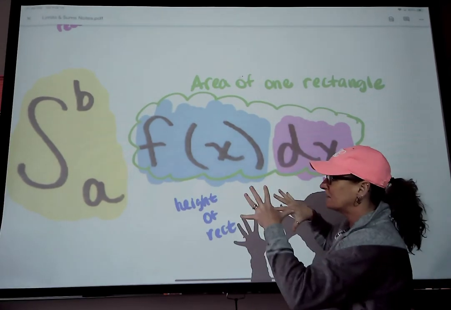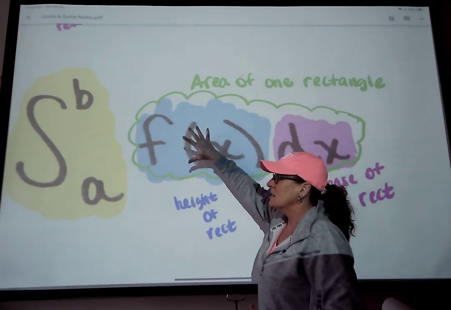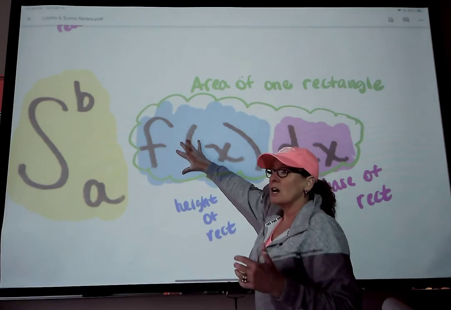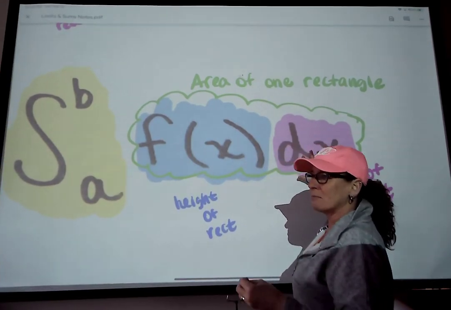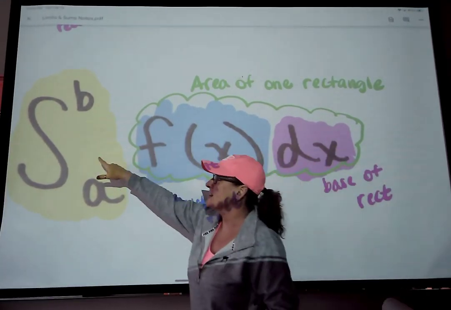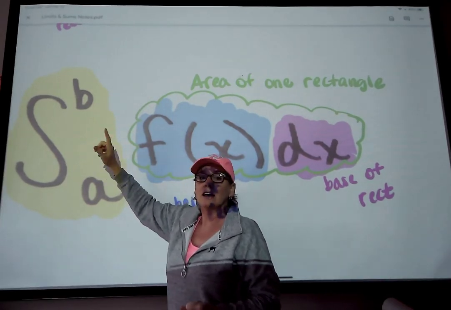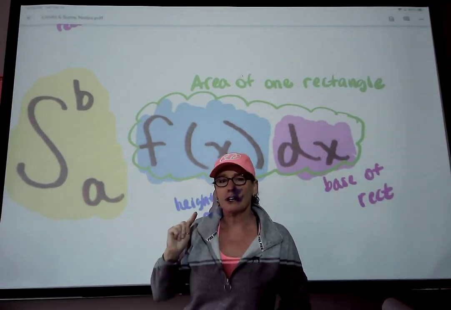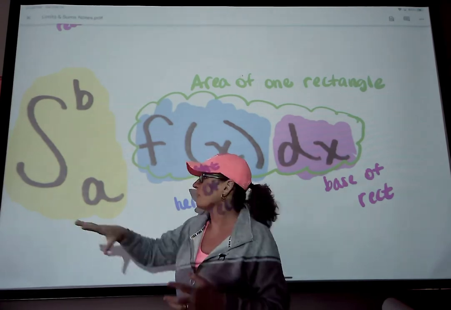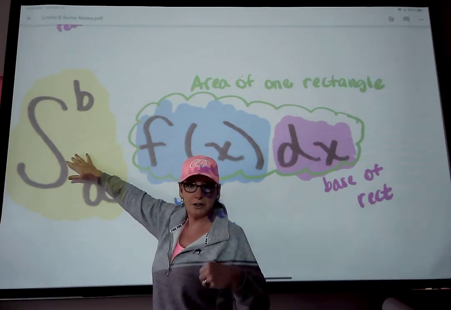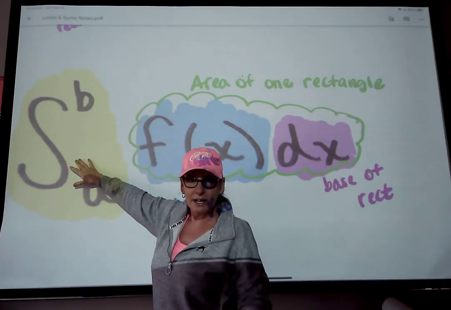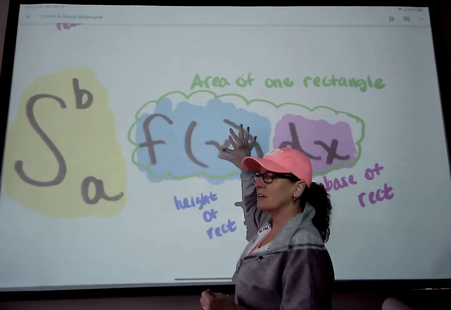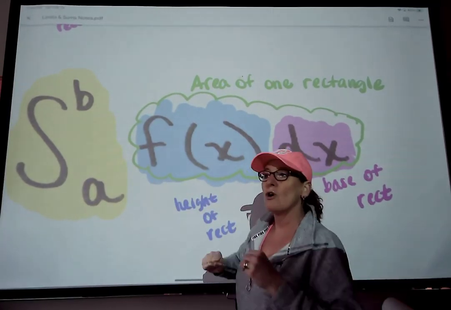What this does is take the height of each rectangle, multiply it by the width of each rectangle, which calculates the area of each rectangle, and add them all together. This is our accumulator. What is it accumulating? It's accumulating areas of individual rectangles.